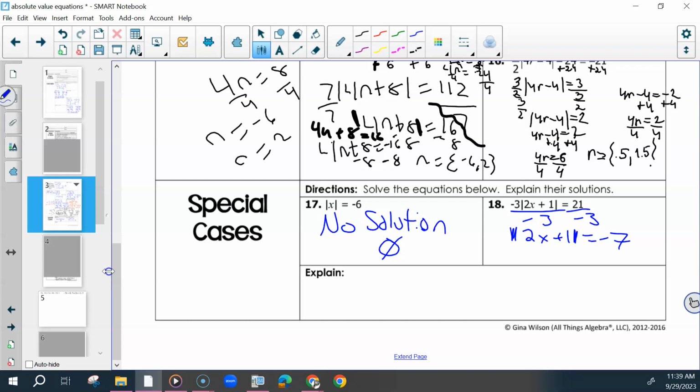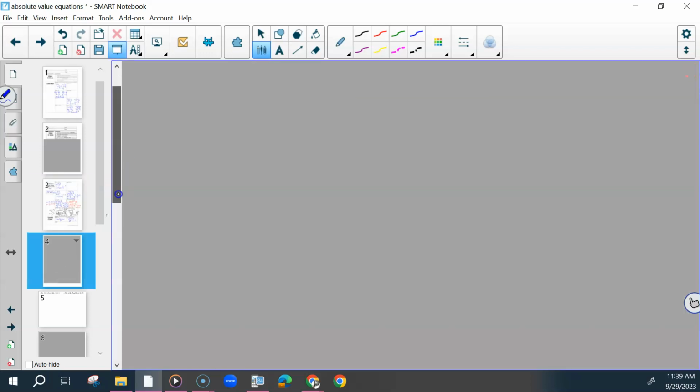Now we can no longer solve it. It's no solution. The absolute value cannot equal a negative. I'm going to go back and show you a couple of examples after I show you this.